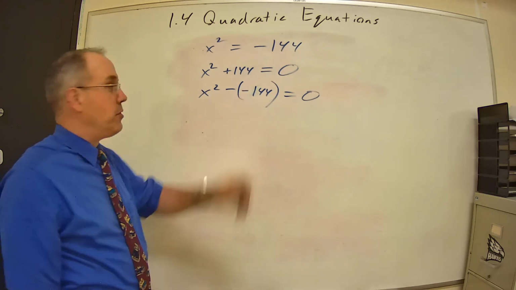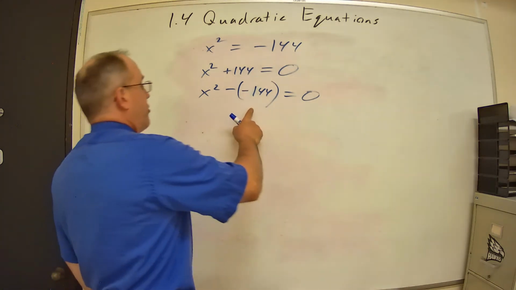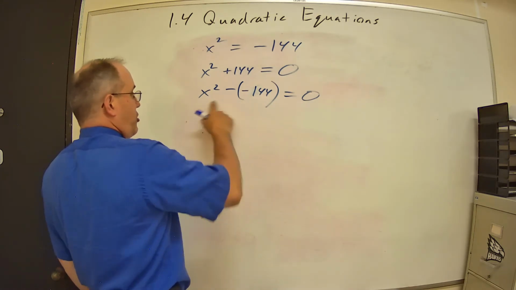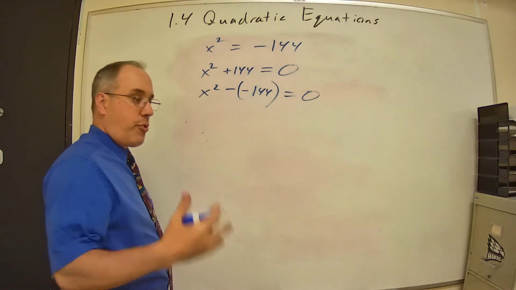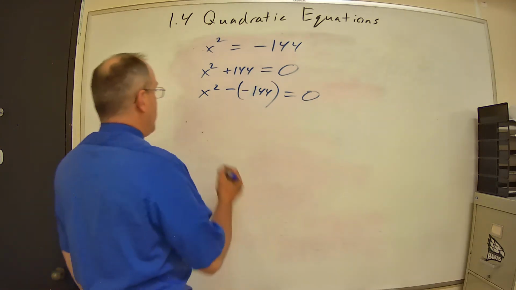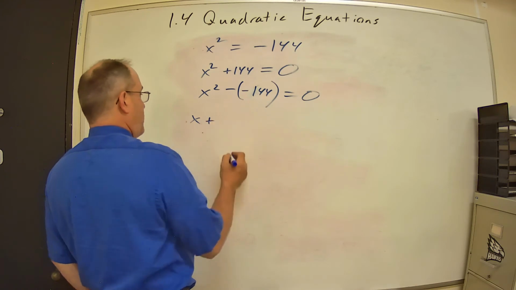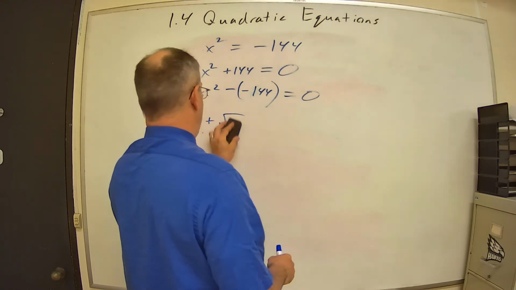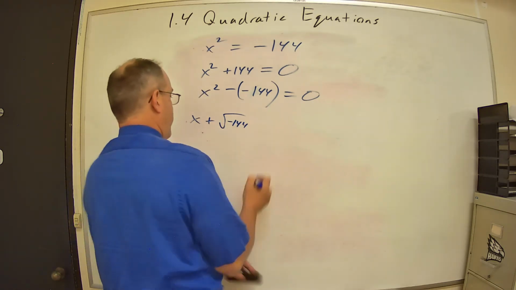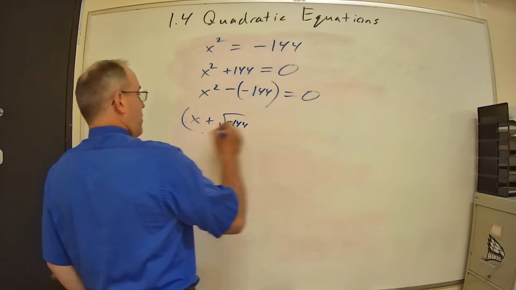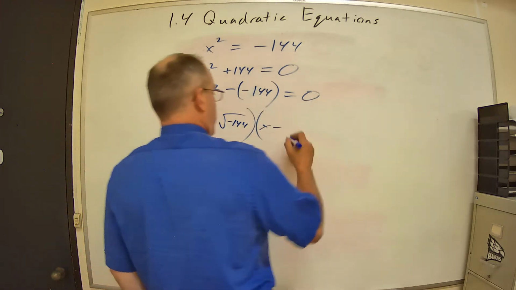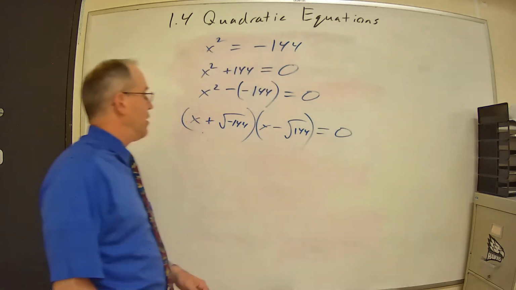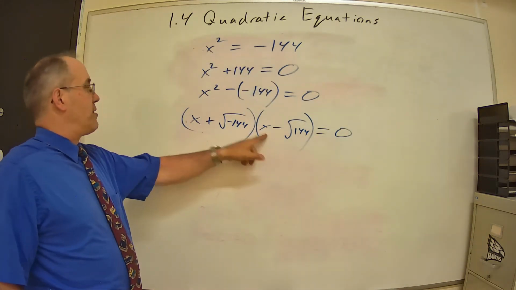Negative, we'll see, but what happens here? If I treat this as a difference of squares, I can actually write that as a product and a difference. So I can say x plus the square root of negative 144, x minus the square root of 144. X times x is x squared.